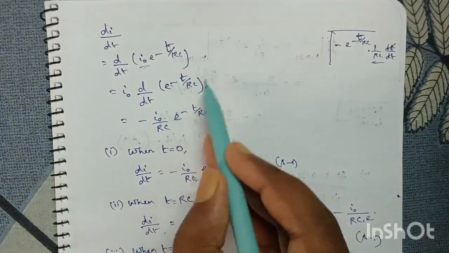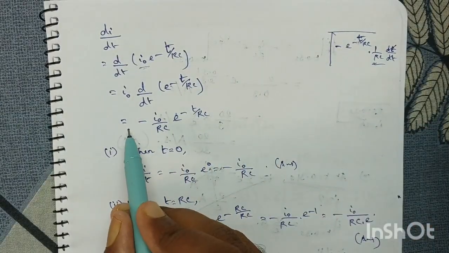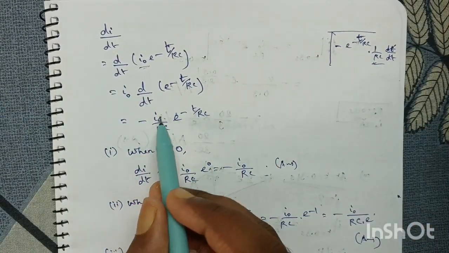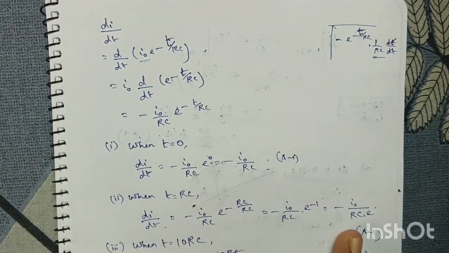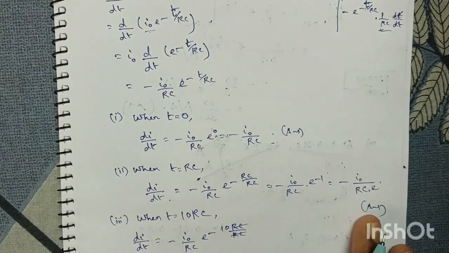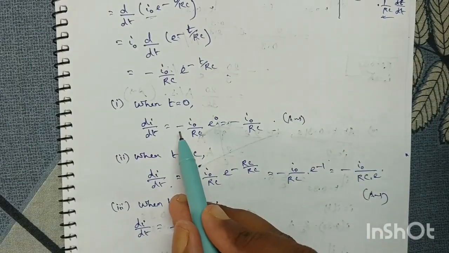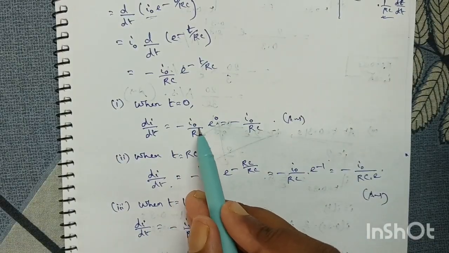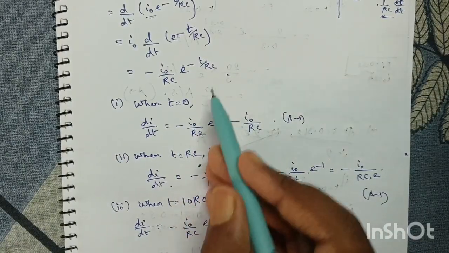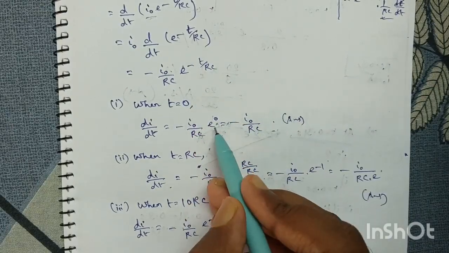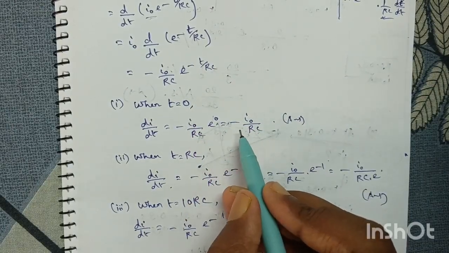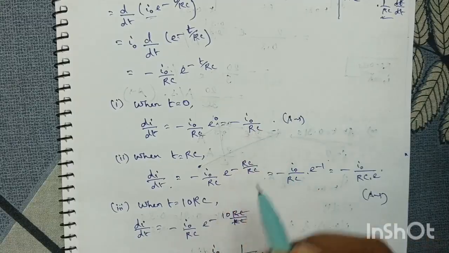And differentiating it, we get dI/dt is equal to minus I0 over RC e to the power minus t by RC. Now, when t is equal to 0, dI/dt is equal to minus I0 by RC e to the power 0, and e to the power 0 is equal to 1, so it becomes minus I0 over RC.